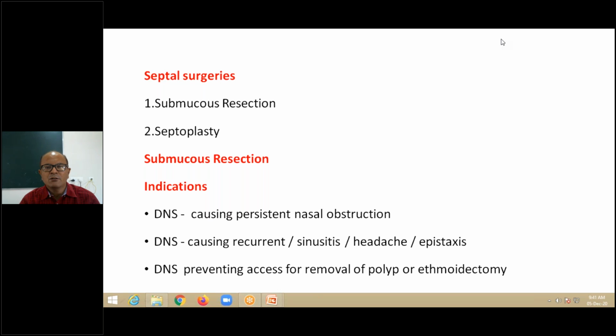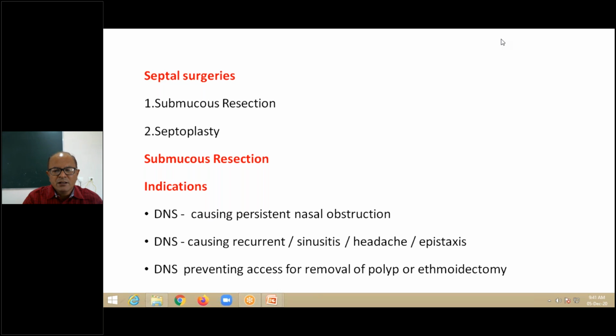The perpendicular plate, you know, is a very thin bone. So in order to use the perpendicular plate of ethmoid, you have to cut the ethmoid bone properly, and then you take the bone out and make it thin using a diamond burr.